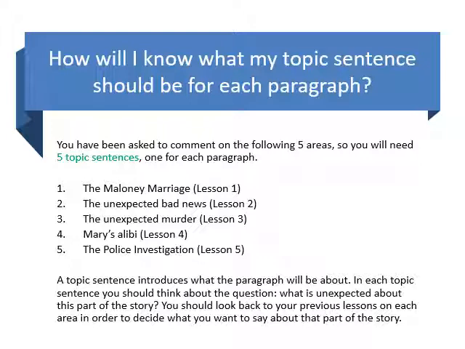Firstly, the Maloney marriage, which is lesson 1. Secondly, the unexpected bad news, which is lesson 2. Third, the unexpected murder, lesson 3. 4, Mary's alibi, lesson 4. And lastly, the police investigation, lesson 5.